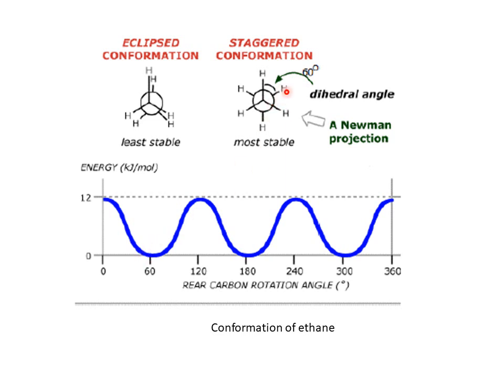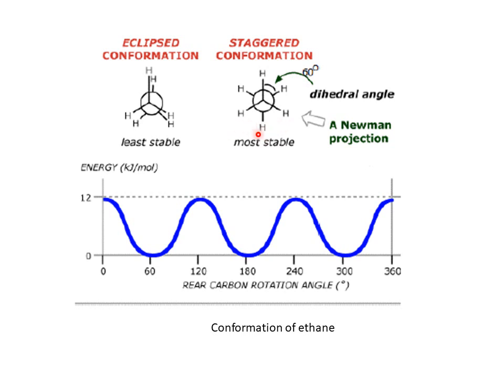Again, if you rotate the back carbon atom clockwise another 60 degrees, we again get an eclipsed conformation. At 120 degrees dihedral angle, we have eclipsing again. If you rotate another 60 degrees, the dihedral angle becomes 180 degrees, and we again get the staggered conformation.